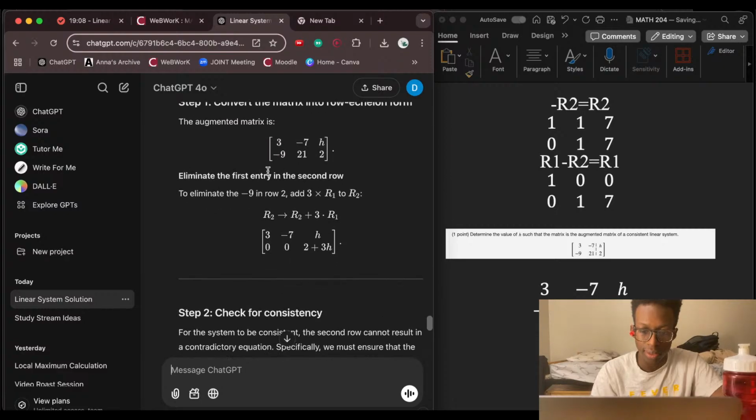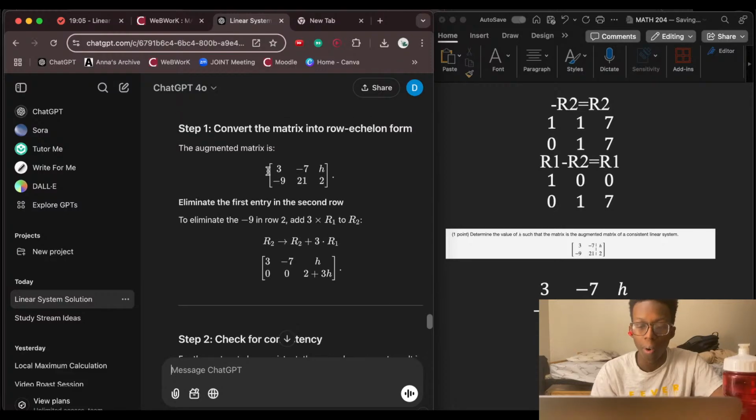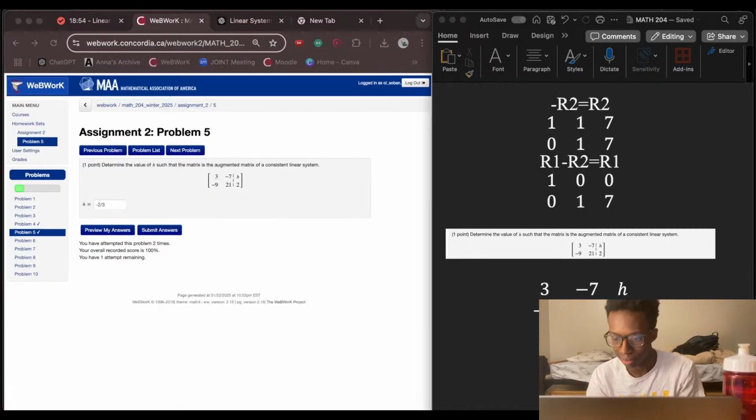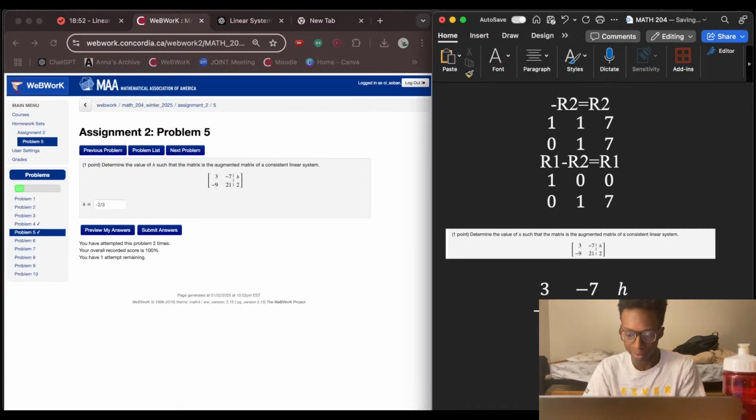Oh, I see. Instead, they're attaching it to the one that has the zero. So what we'll do is this: -3, so row 2 plus 3 row 1 equals row 2.